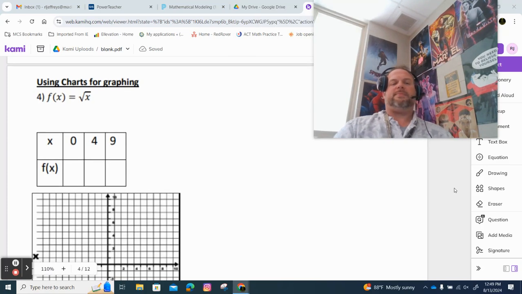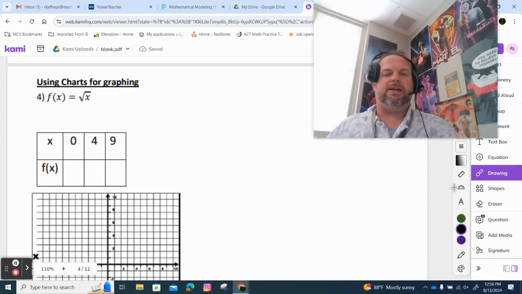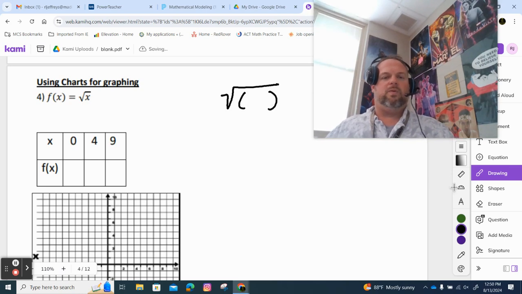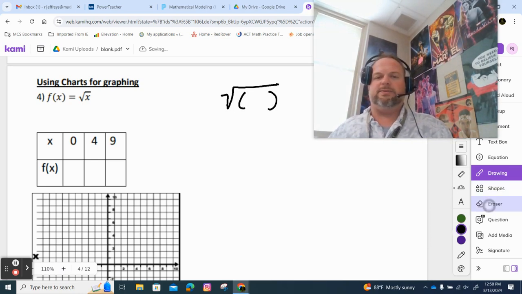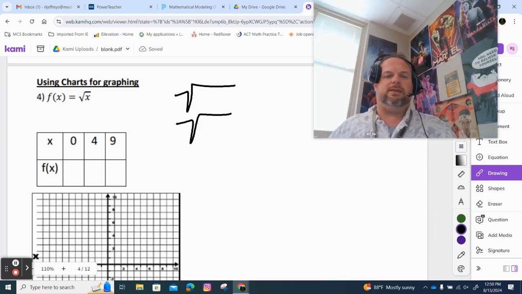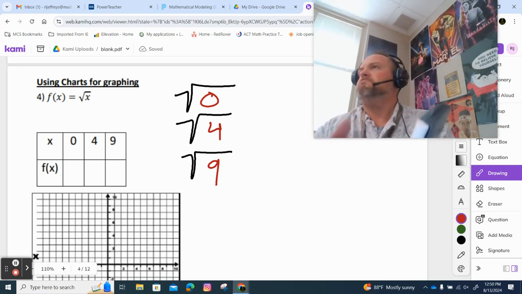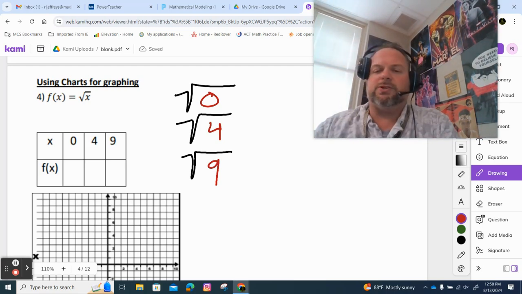All right. So this is the square root. For each thing, we're taking the square root of every single one of these. Okay, I've got to redraw that. So we're going to take the square root of 0, 4, and 9. Now, not everybody remembers their square roots off the top of their head.